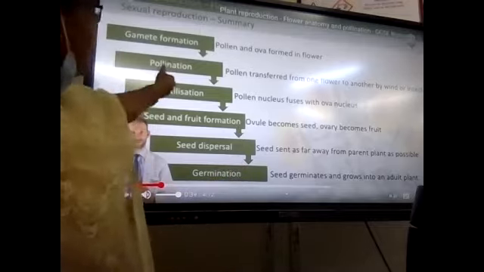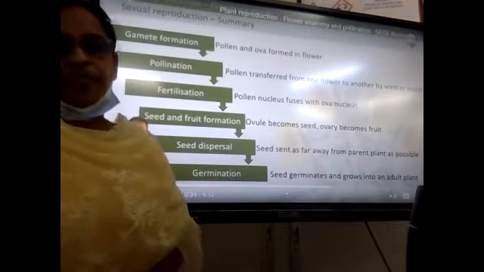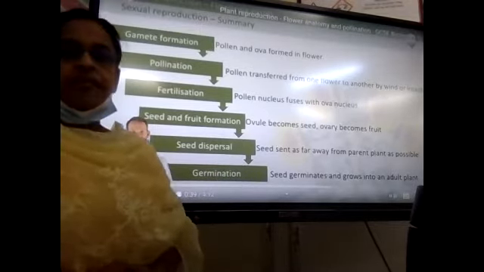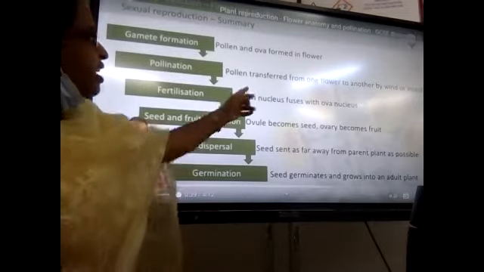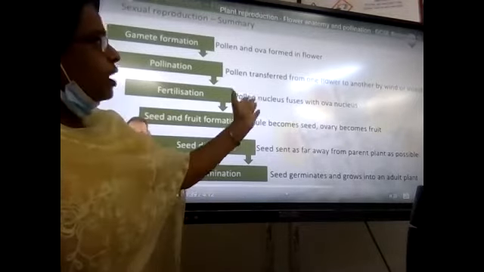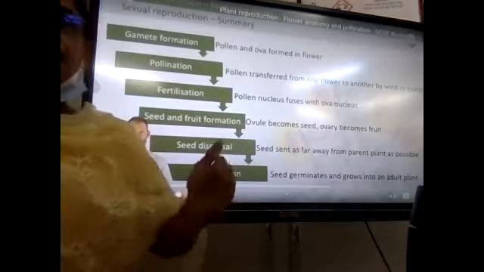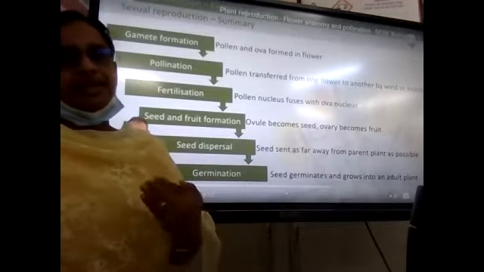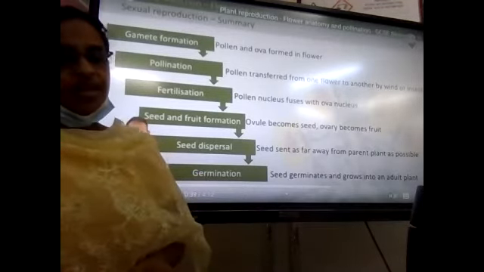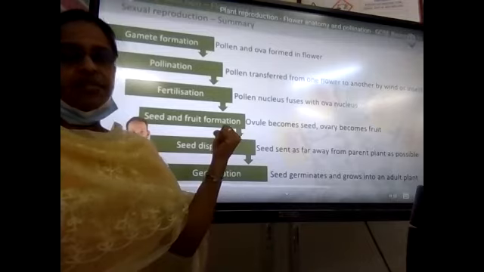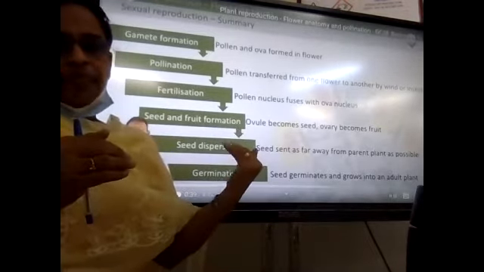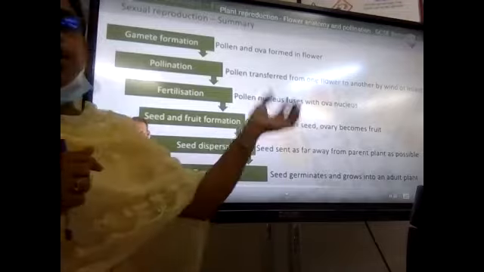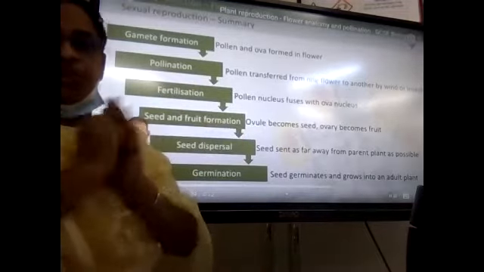Now, next is pollination. Pollination means the male sex cell, that means the pollen, is transferred from one flower to another by wind or by insect. Okay, so what is pollination? Transfer of pollen from one flower to another flower of the same species.